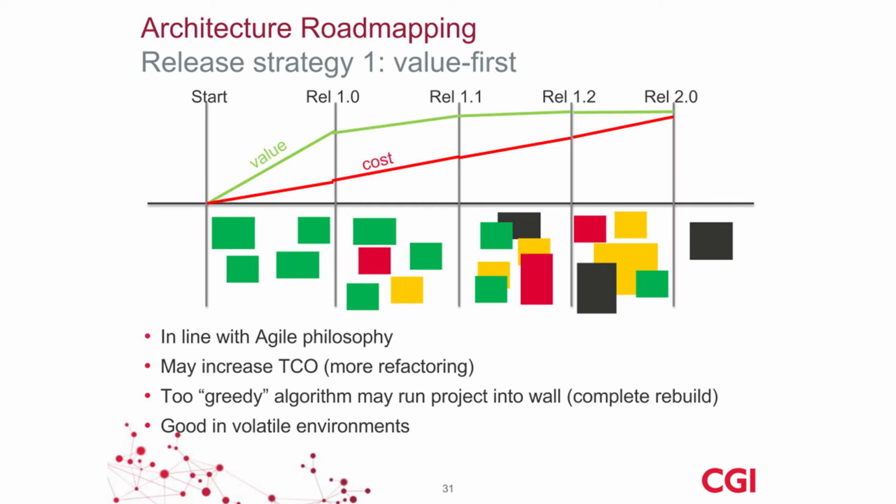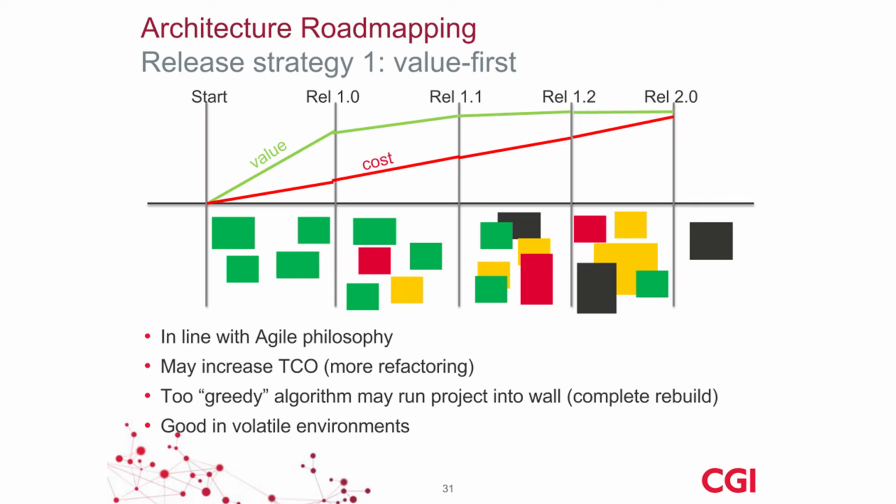So what we see here is the value and the cost curve that are associated with this. The cost curve more or less is equal to the total surface area of all of the stories that we are building here. And the value curve, of course, is only the value of the green and the red stuff. Actually, the red stuff decreases the value.